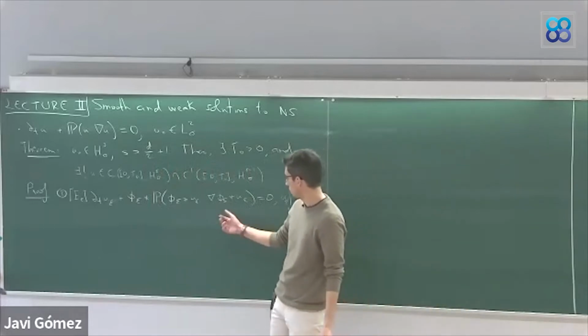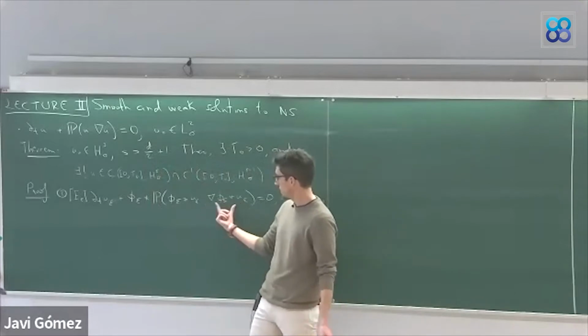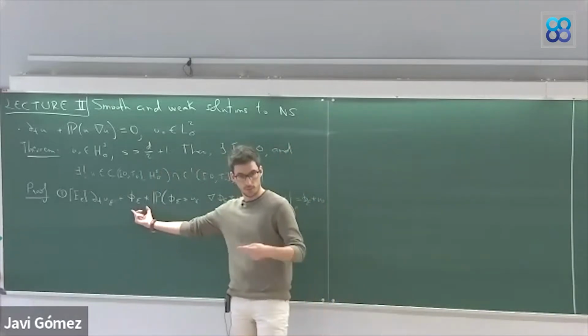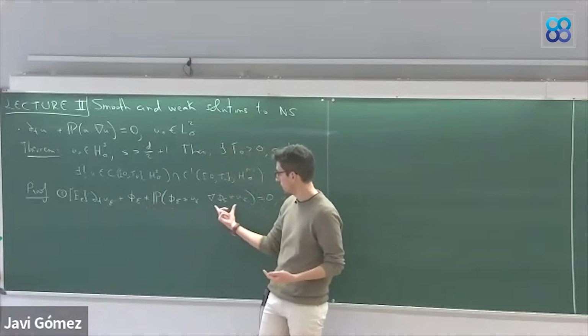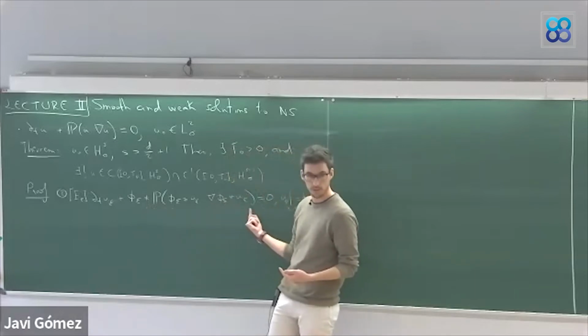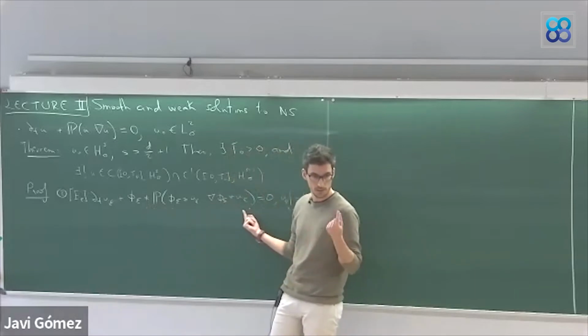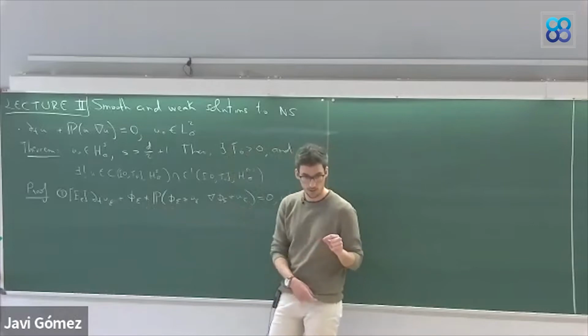And here it was important that we have a modifier both in this term and this one, so that when we integrate the facts, we have the gradient of the function times the function. And this was the main point that gave the cancellation of the higher order term.